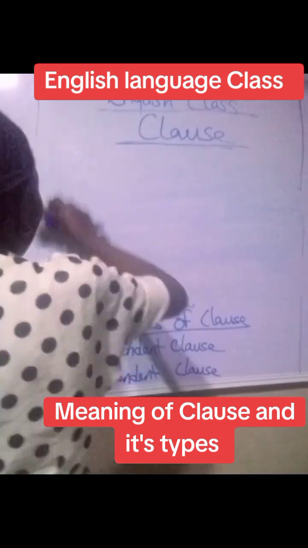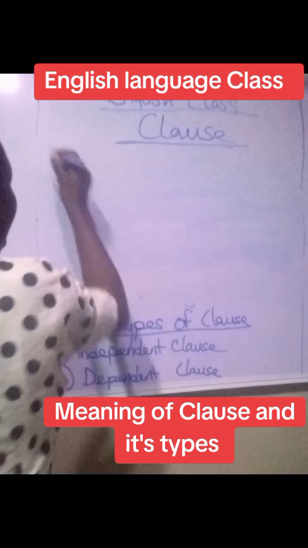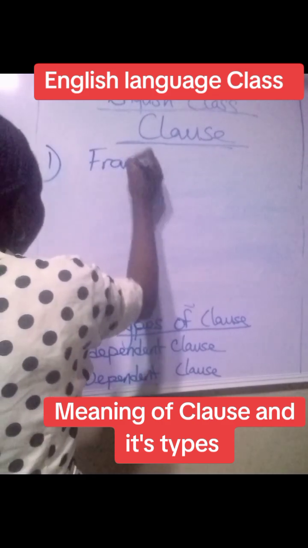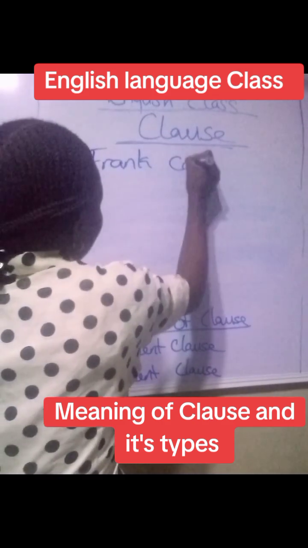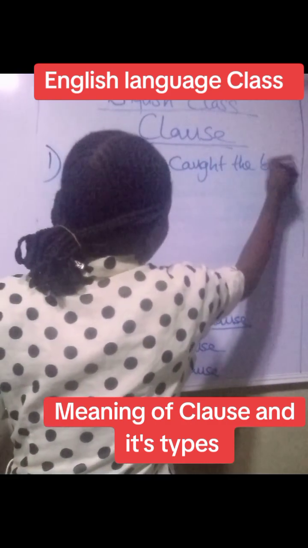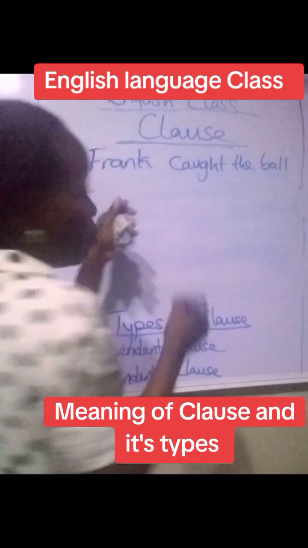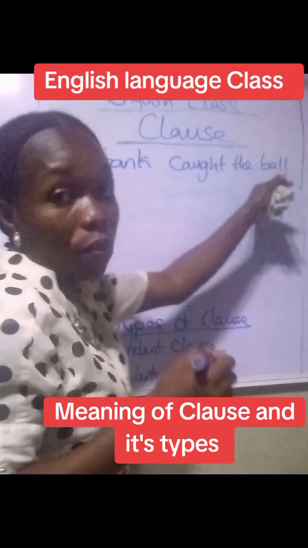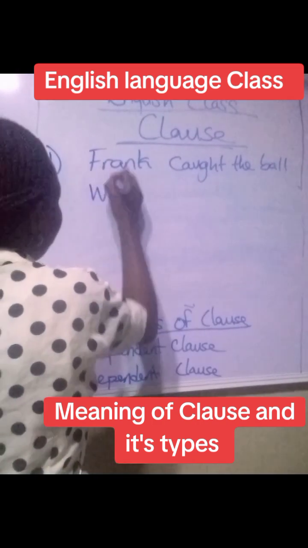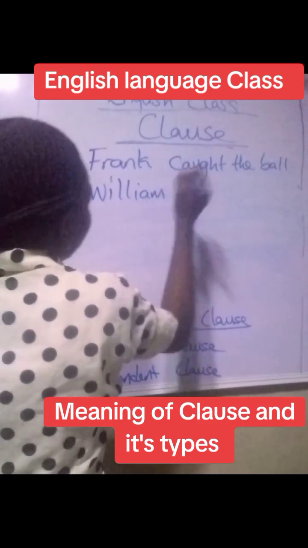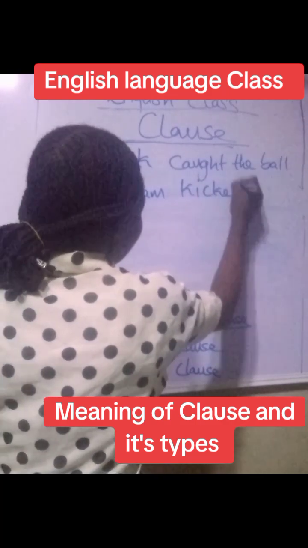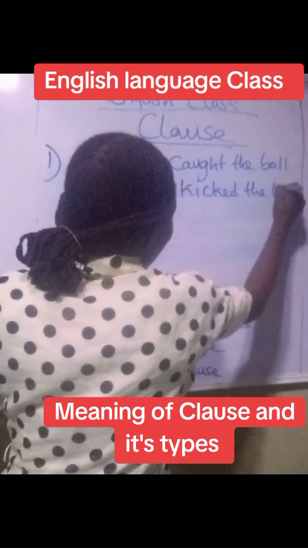Okay, we have, for instance, number one, we have Frank cuts the ball. Can we see that? You can see we have our subject, we have our predicate, and we have our complement. We can also say William kicked the ball.